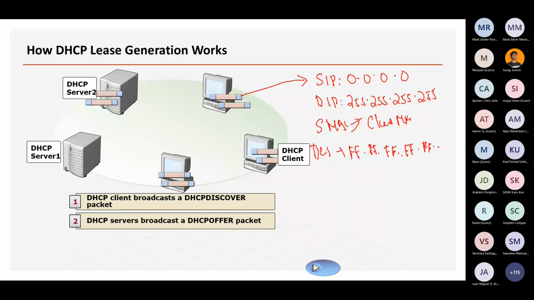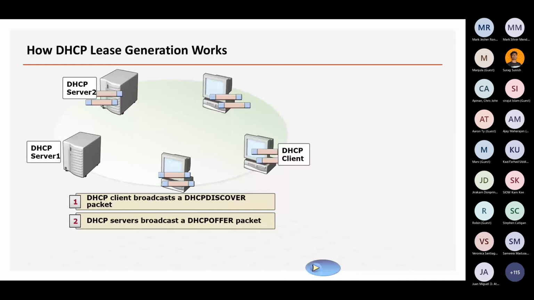Now, if you're opening this DHCP offer packet, the source IP address will be the IP address of your DHCP server, because right now both the DHCP servers are responding, right? By default, a DHCP server is configured with a static IP address, so that will have the DHCP server IP address.